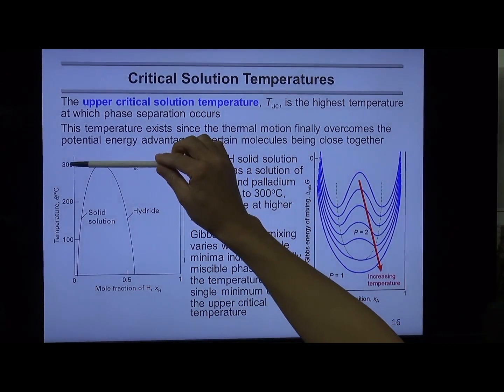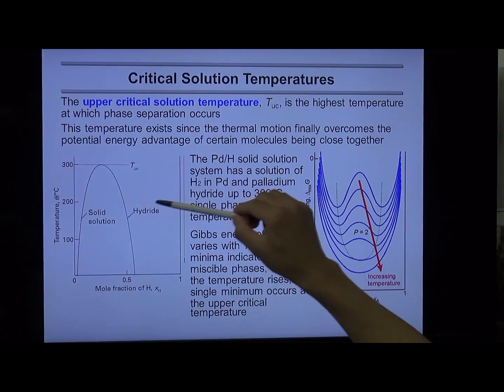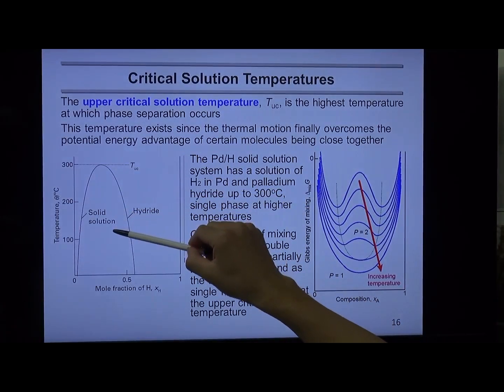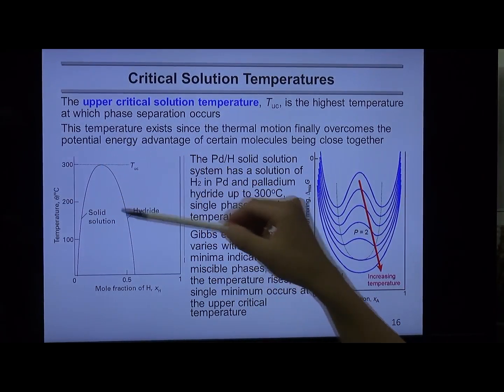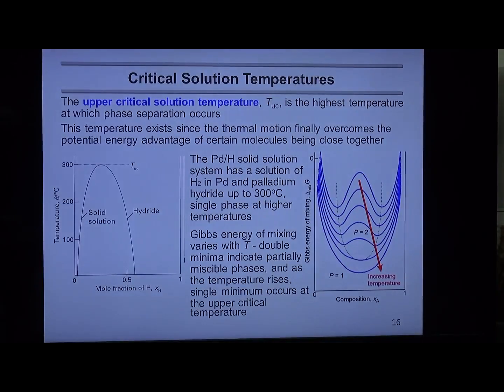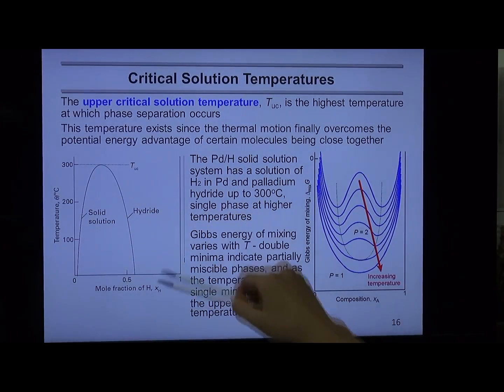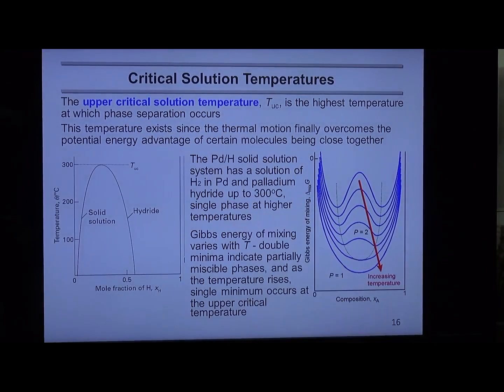Below this temperature we can have phase separation, but above that we cannot. So for this kind of phase diagram, this temperature is the highest temperature at which phase separation can occur, and that is called the upper critical solution temperature.